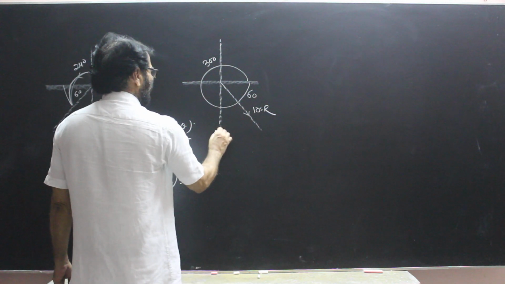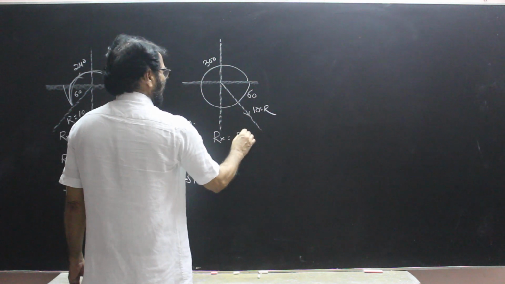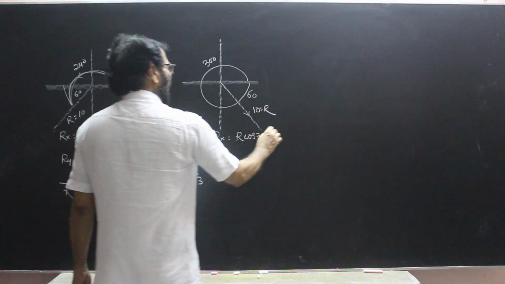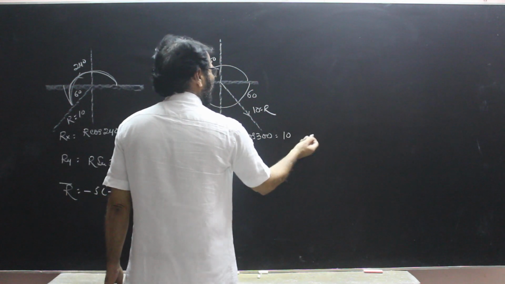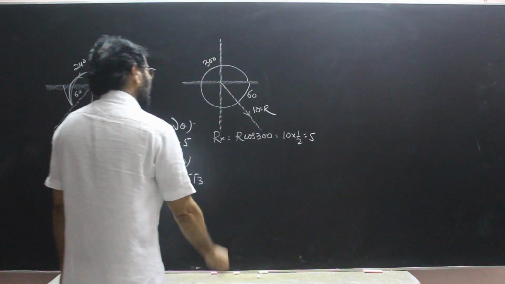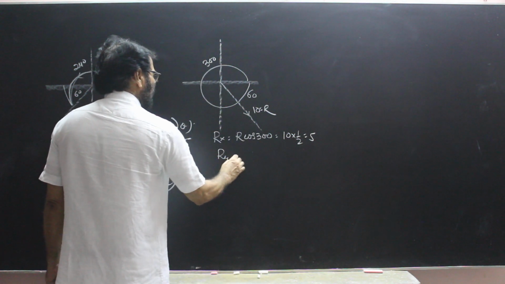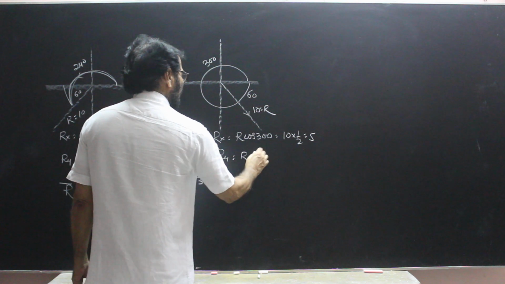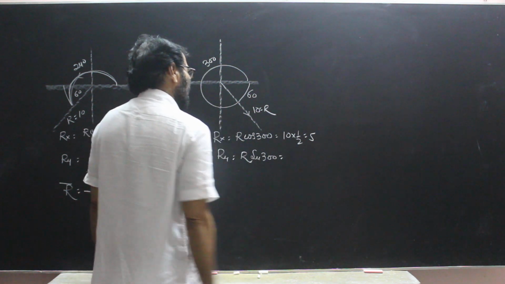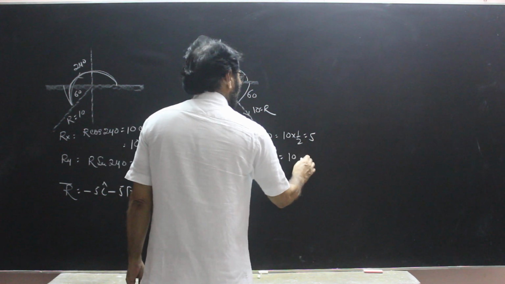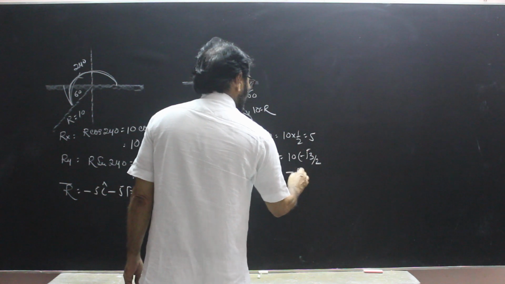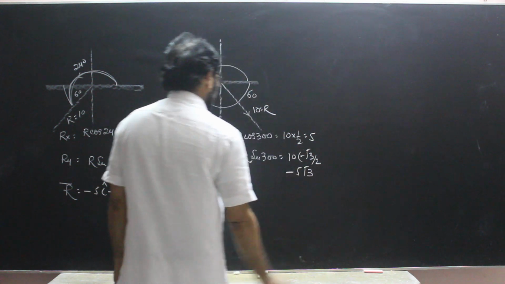So Rx is r cos 300 and that is 10, cos is positive half, that is 5, and Ry is r sine 300, that is 10 and it is minus root 3 by 2, so it is minus 5 root 3.